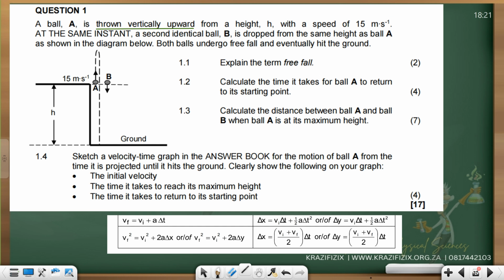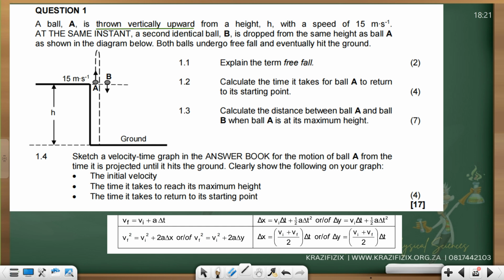At the same instant, a second identical ball B is dropped. Quickly, does the word drop automatically mean initial velocity is 0? No. Always ask yourself, where is it dropped from?